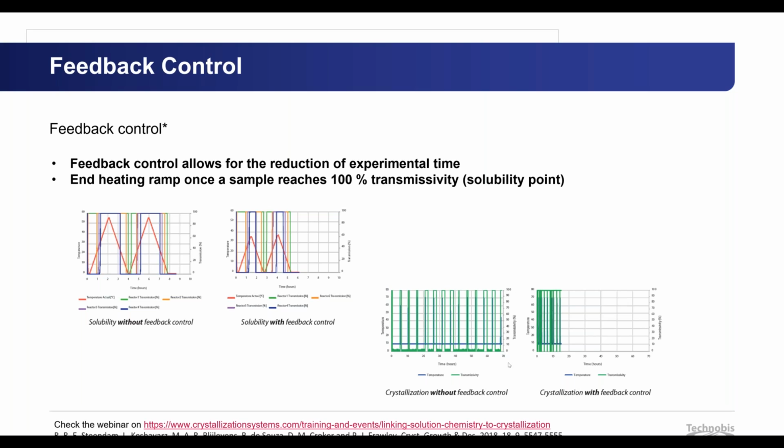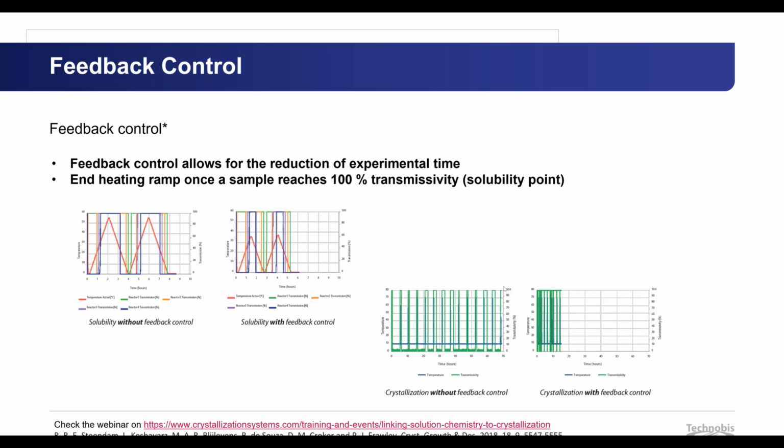What he used to do in about 70 hours, he actually reduced to about 25-hour experimental time. Usually the temperature profile goes from, I don't know, 20 degrees to 60 degrees, then you go to 5 degrees, and again and again. So it's triggered by temperature. By having the feedback control, your trigger is on transmissivity.